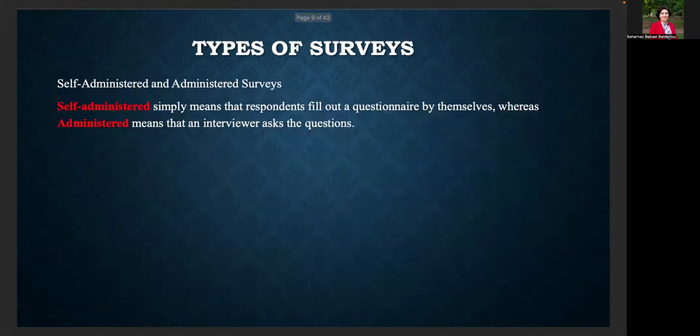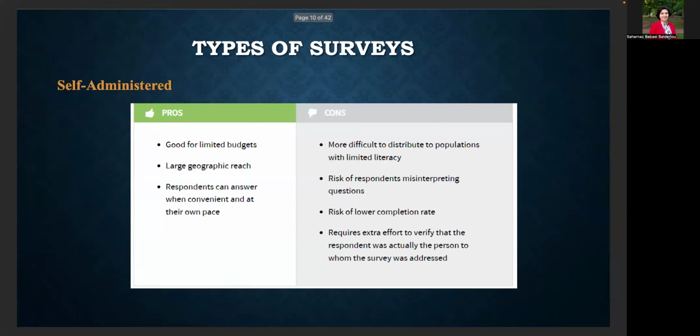Surveys can generally be divided into self-administered surveys and administered surveys. Each type has advantages depending on your goals, budgets, and audience. Self-administered surveys are completed independently by respondents.